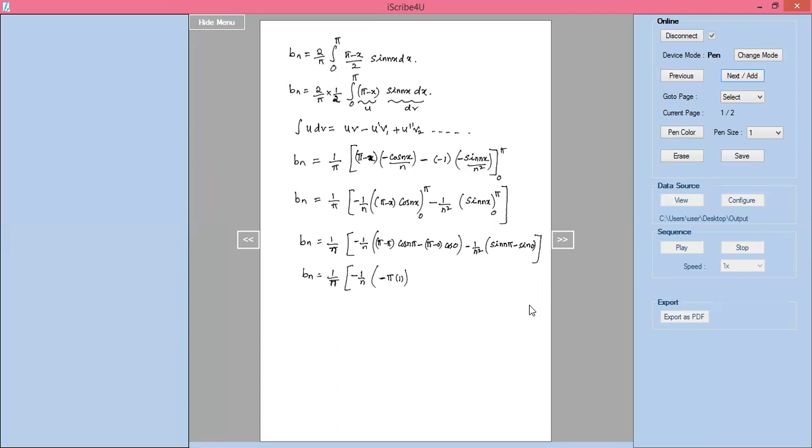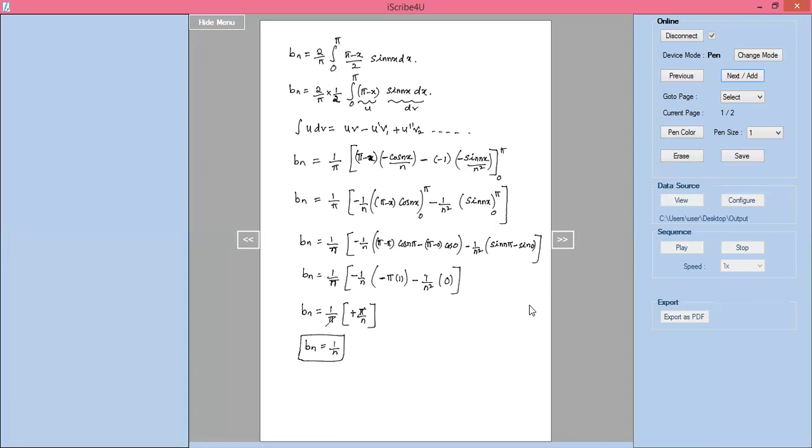Minus 1 by n square into both terms is 0. Now bn equals 1 by pi into, minus of minus is plus, pi by n. If I cancel this pi, you will get bn equals 1 by n.